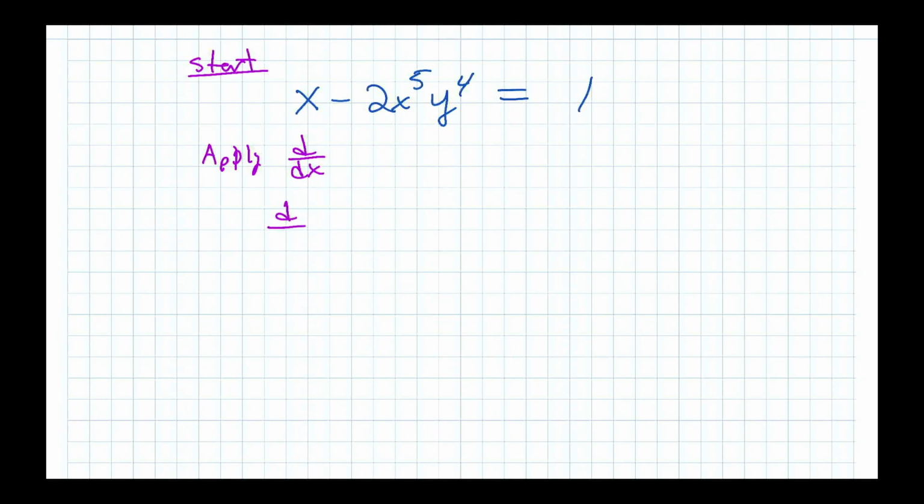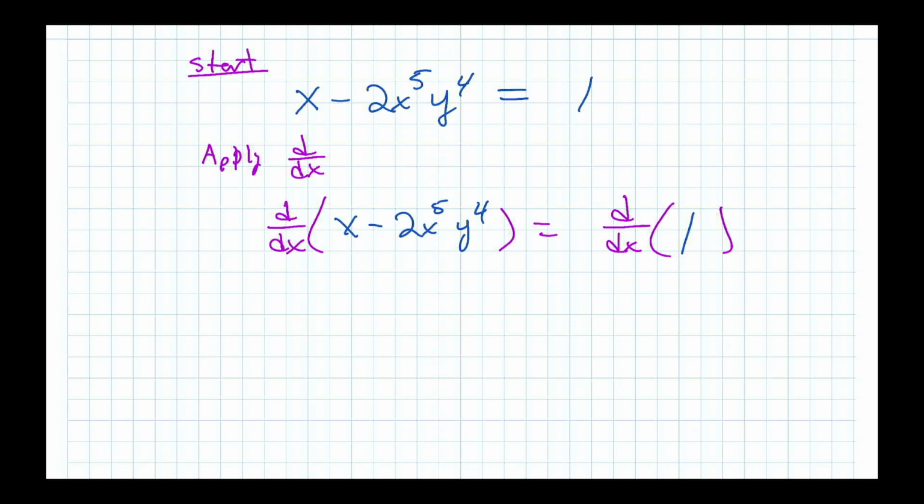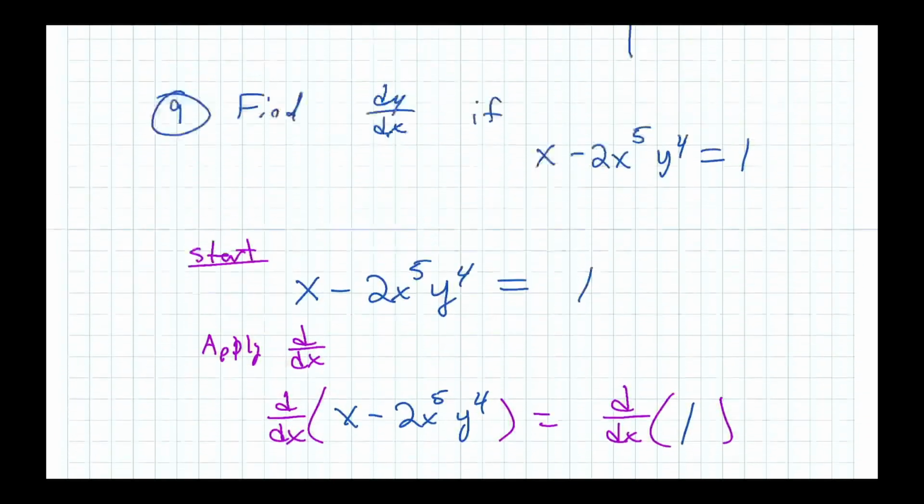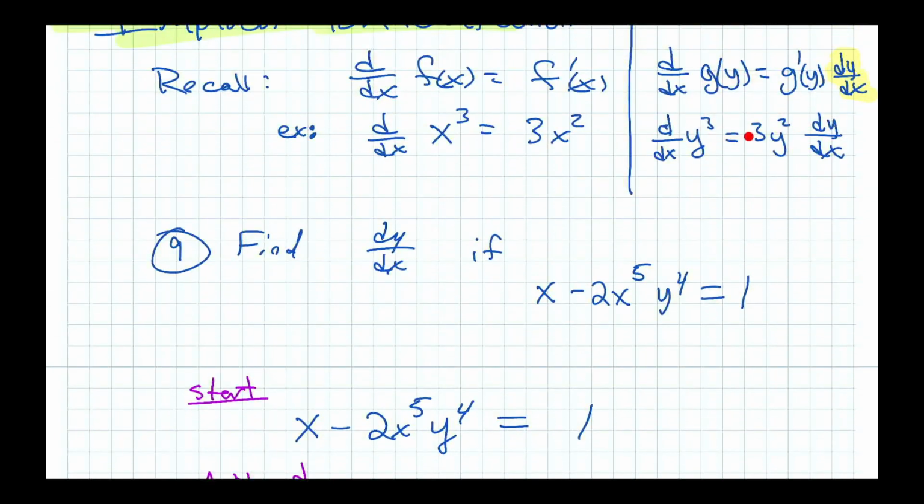So you end up with d/dx of both sides, like this. Okay, and now you take the derivative of both sides with respect to x, keeping in mind that you have to treat the functions with the y's in it differently.